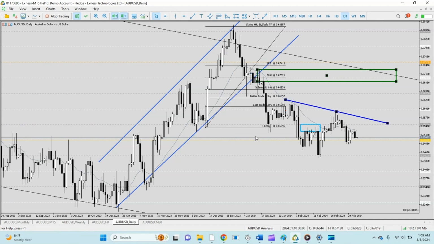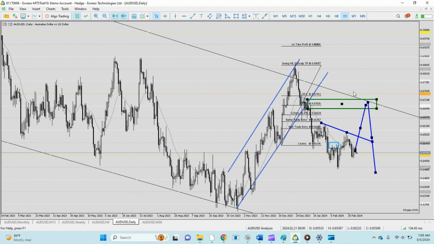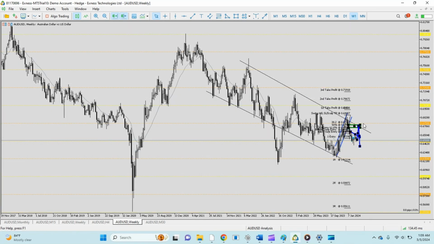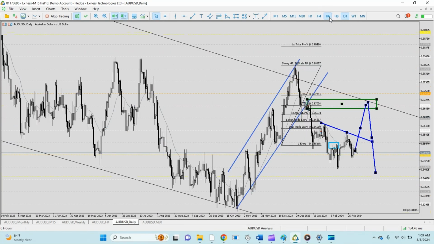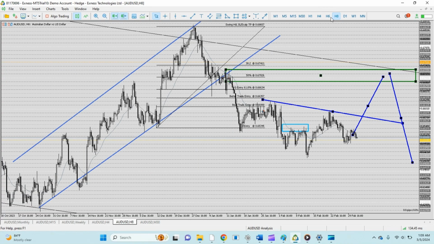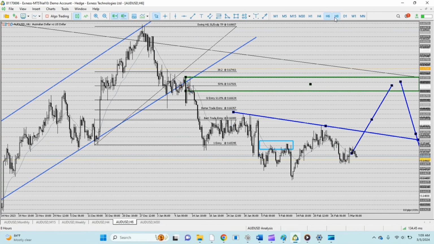Trend line liquidity is being engineered. So we may be looking at this, then this. And you can see that we have a trend line here. This trend line is from the weekly. So we have confluence.